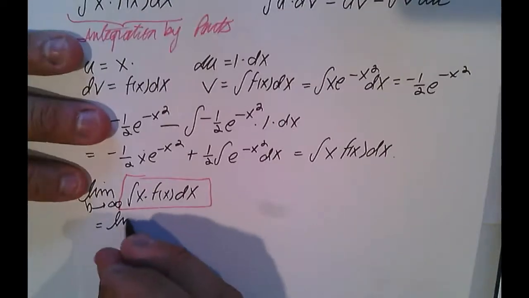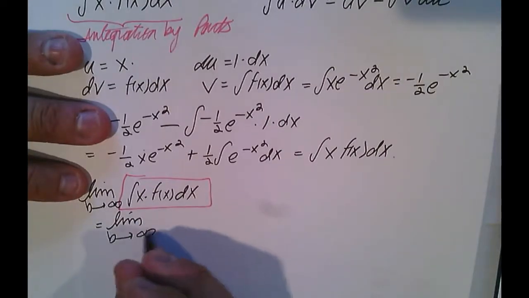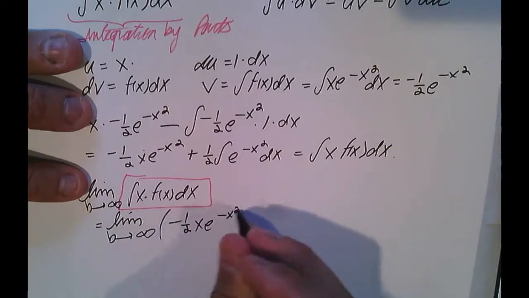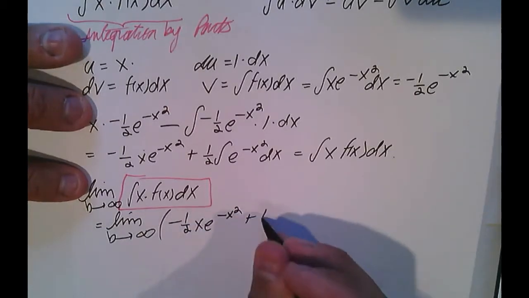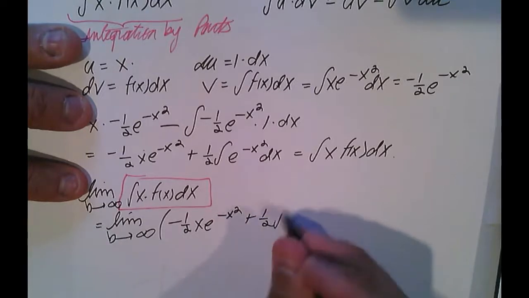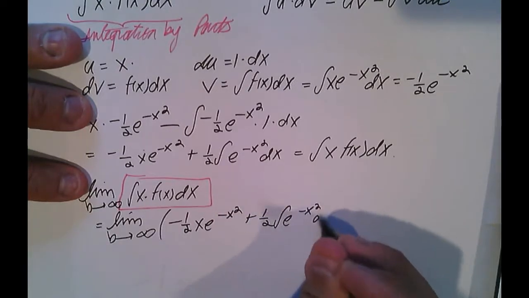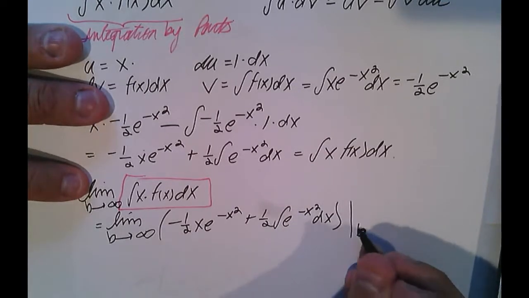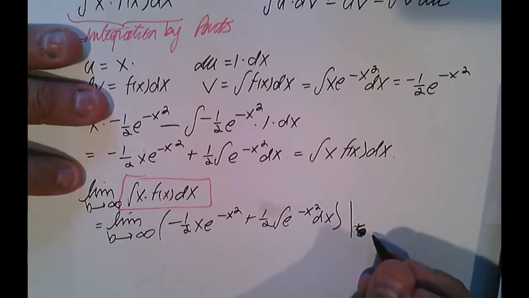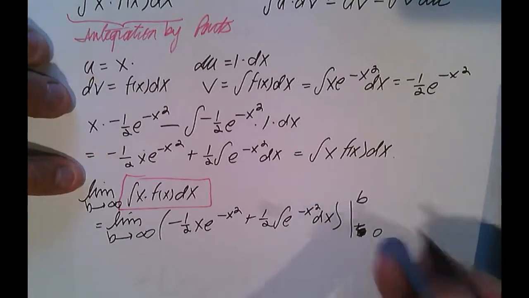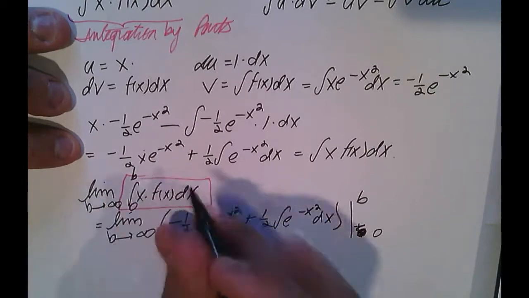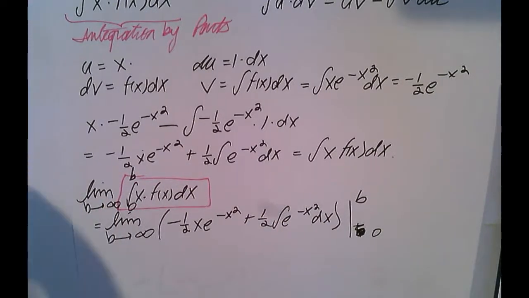So we've got now the limit as b approaches infinity, negative 1/2 x e to the negative x squared, plus 1/2 the integral e to the negative x squared with respect to x. And we're going to evaluate from, my lower limit was 0, and my upper limit is b.